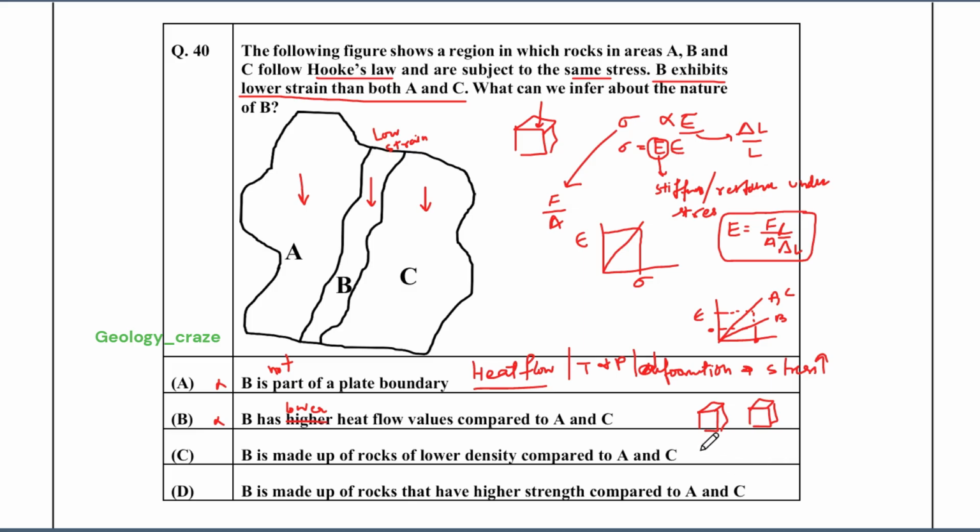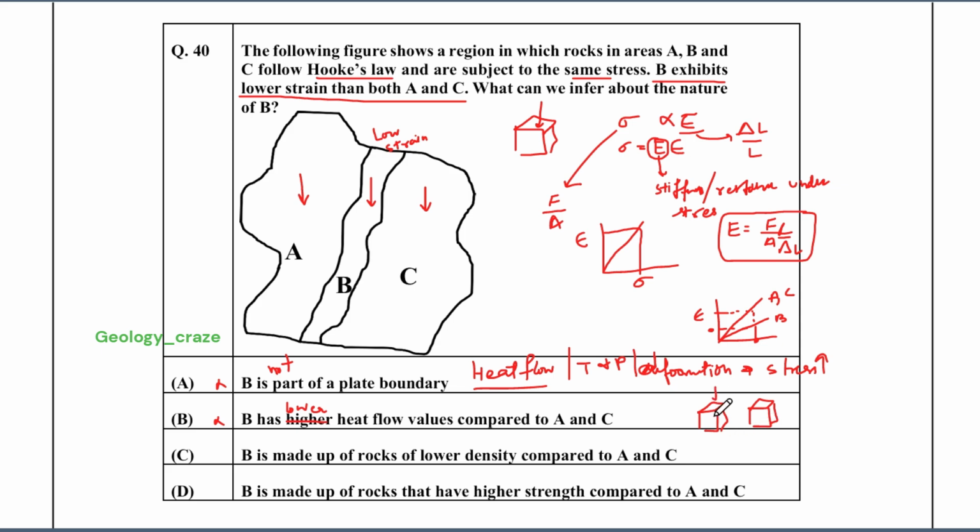So now, if we have a high density material and we apply stress on it, it will resist that stress. But if we apply the stress on a low density material, it will break. If it breaks, it means it has a high strain instead of low strain.